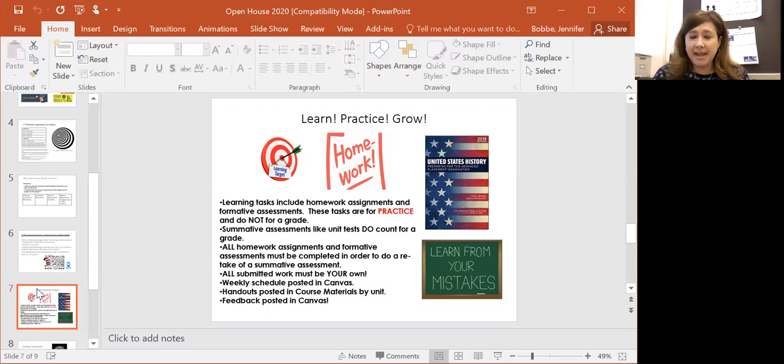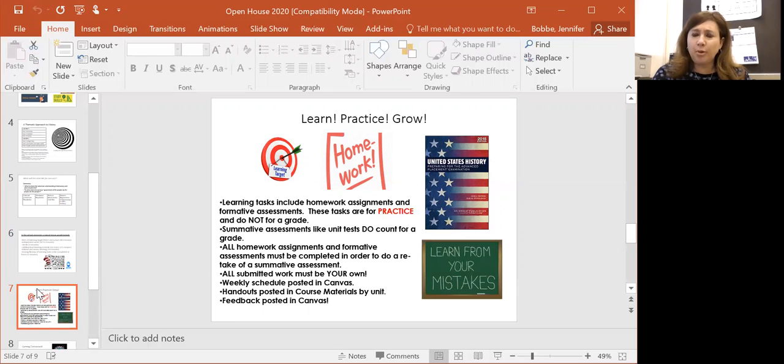In order for that to happen, students will have to have completed all of the formative assessments and potentially do some additional work to show that they are ready to take an assessment again. To help your students stay organized, there is on my Canvas page a weekly schedule that does provide the learning target for the lesson, as well as the learning tasks that students need to complete.